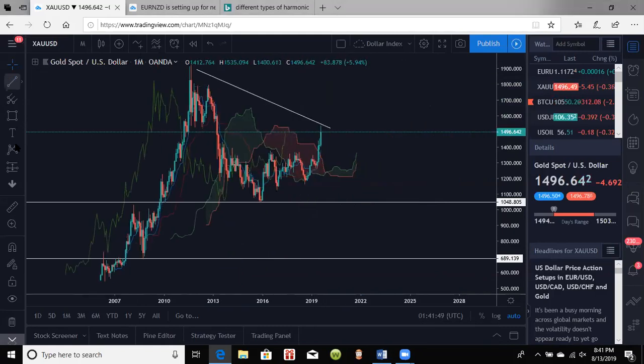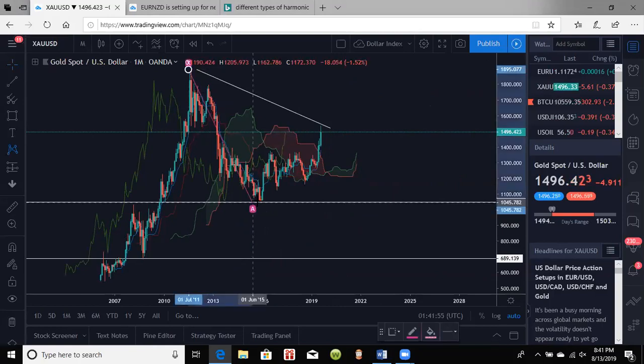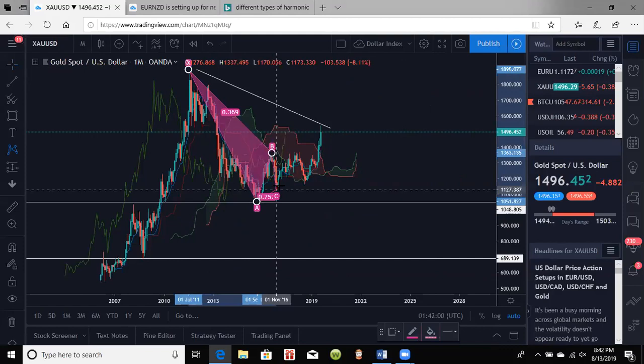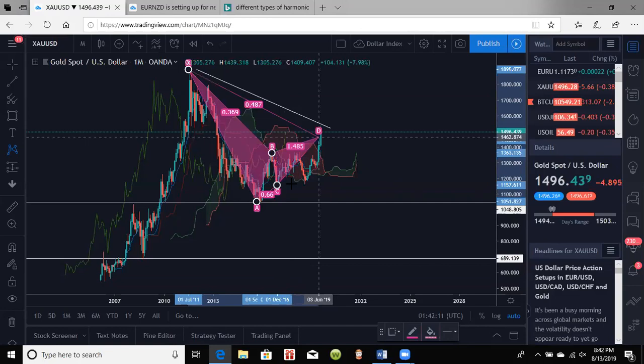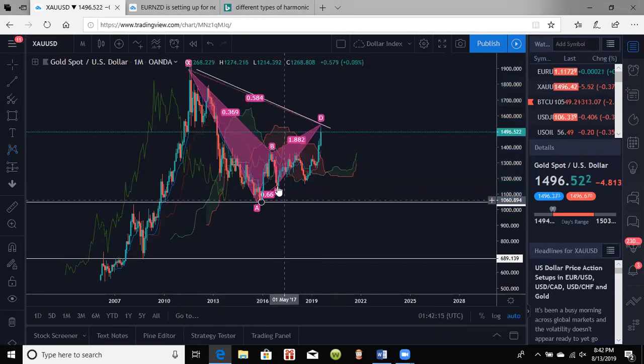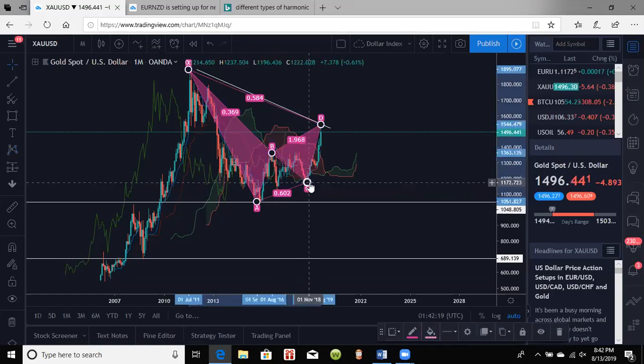So let's draw up a pattern on the monthly chart. X, A, B. We can either put C right here, or we can put C right here, right? Because really, it doesn't really matter. In the PowerPoint, I explained the numbers. It formed a triangle right here, but it looks like it forms a better triangle right here, right?